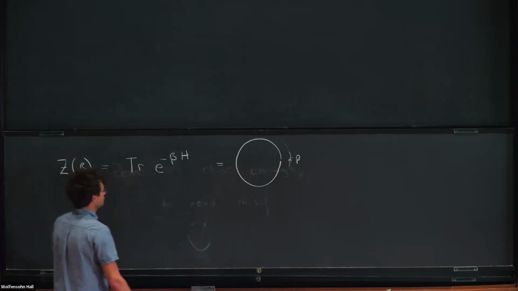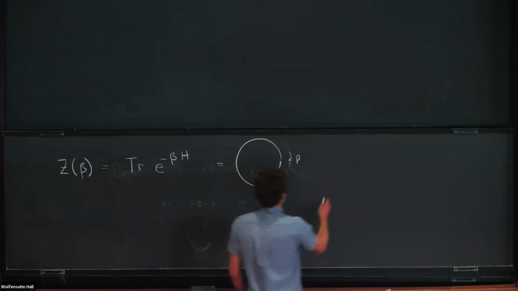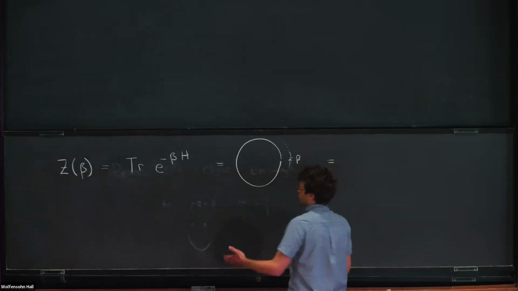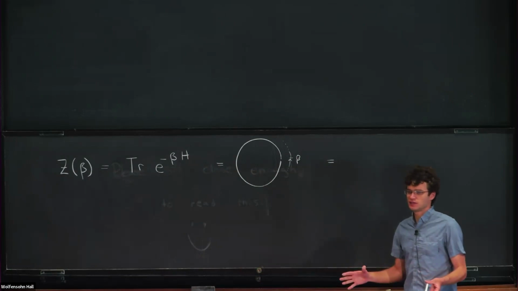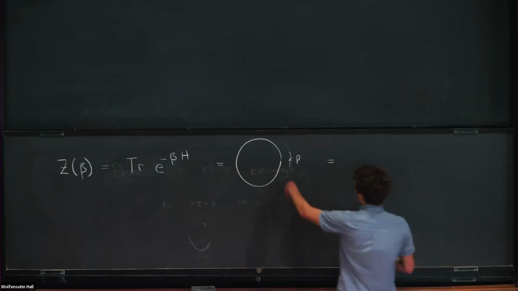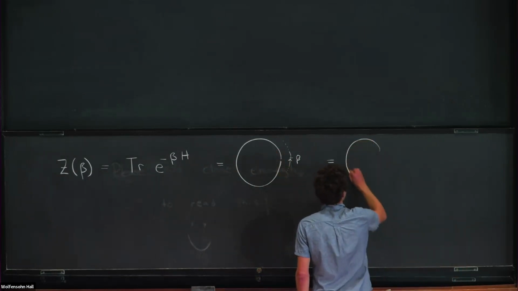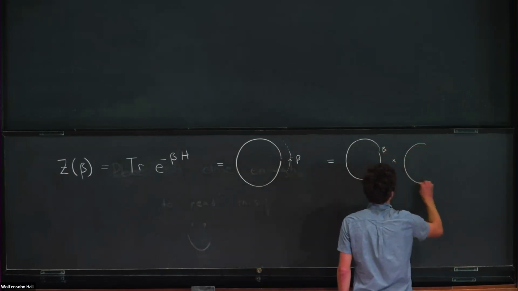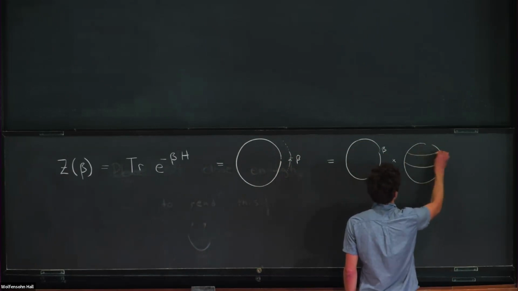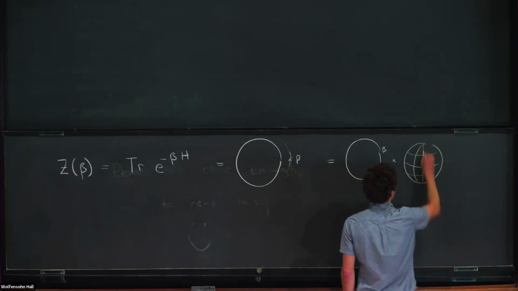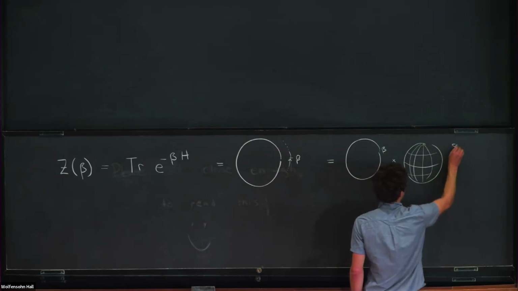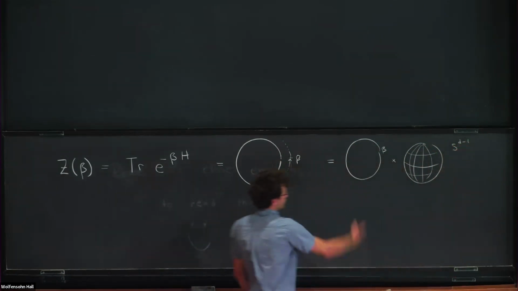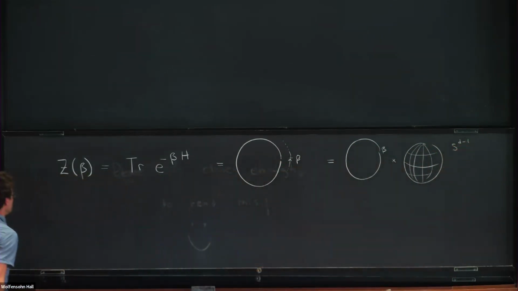And if we were to compute this in a higher dimensional theory, let's say we have a quantum field theory on a spatial sphere, a d-1 sphere, then we would choose a manifold which has this beta circle, and also has this sphere. This would be an S^(d-1). And we could replace that sphere by whatever geometry.